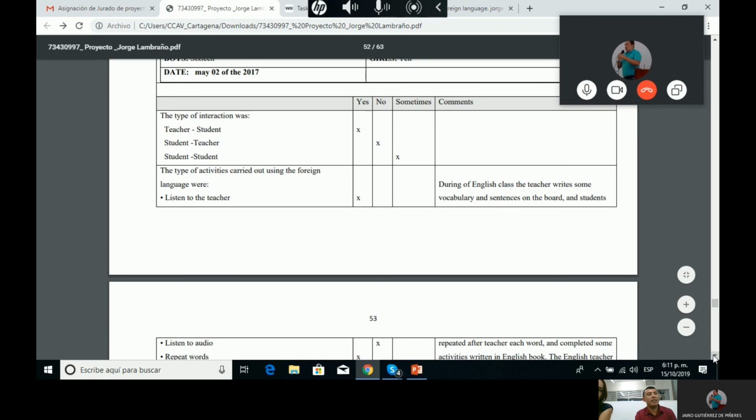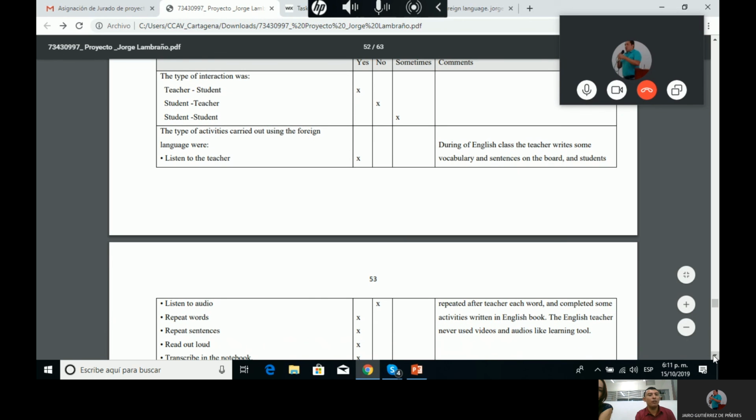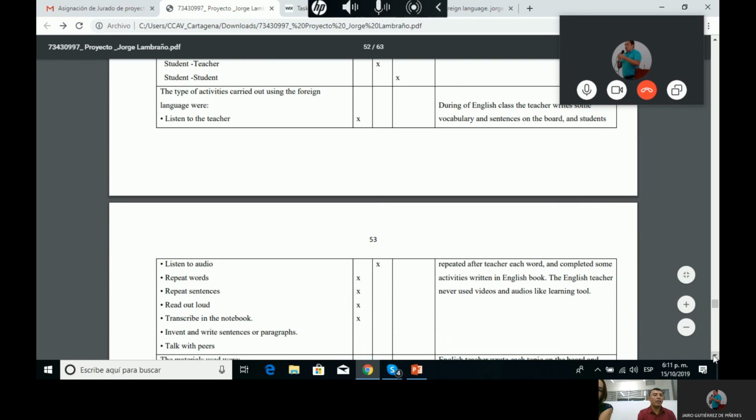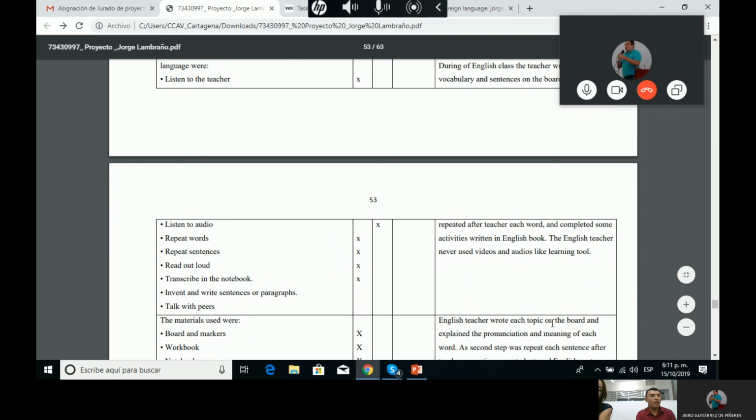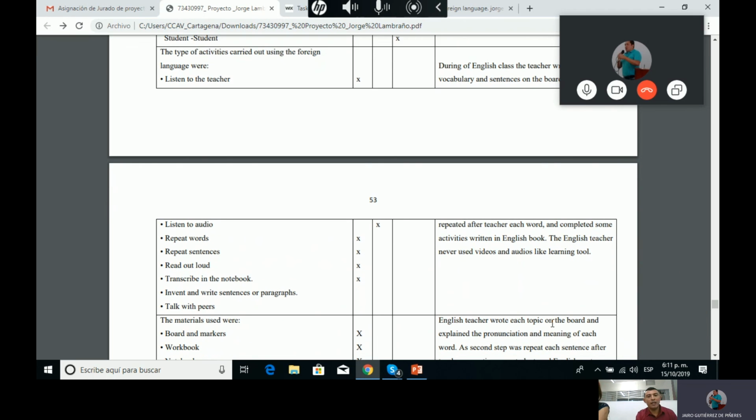They don't use images, videos, or audio. They only use the book. So you can't see participation between students.